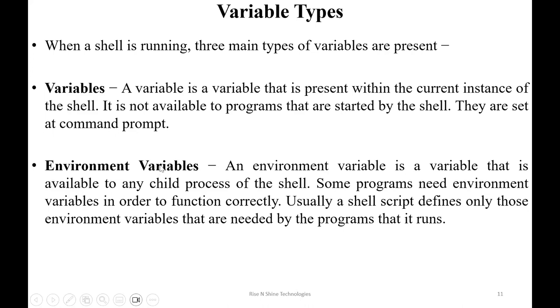We can export environment variables and we can read them also. This is another type of variable. But what is the difference between them? The variables defined in the script, or the variables defined at environment level.